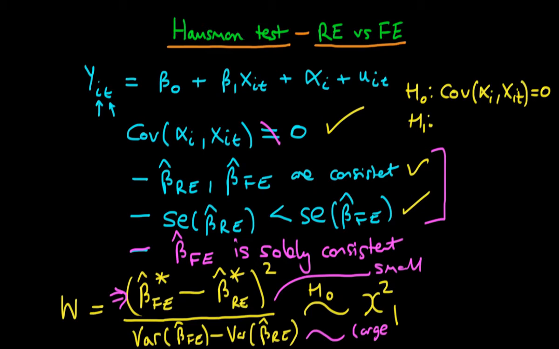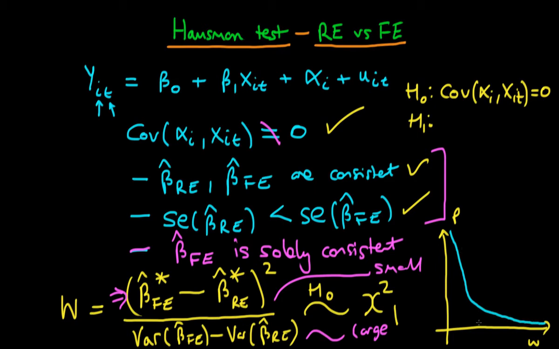And to see how this is important when we're saying under H0 this test statistic is chi-squared with 1 degree of freedom, we need to actually draw what a chi-squared distribution looks like with 1 degree of freedom. So the y-axis here is the probability and the x-axis here is the value of W. And for a chi-squared distribution with 1 degree of freedom, it looks something like this.